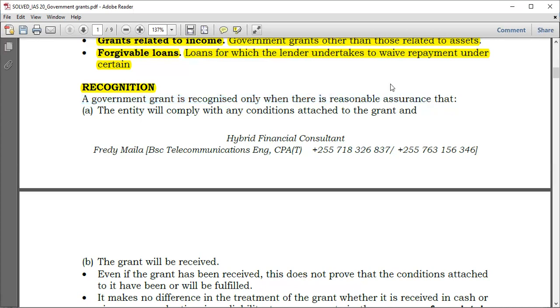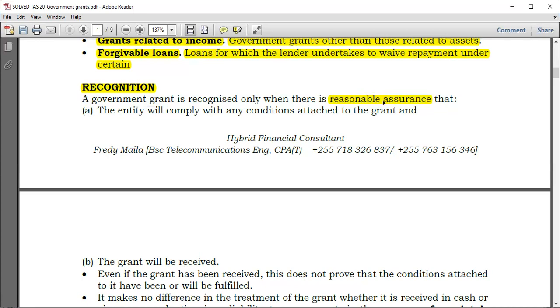We are speaking of reasonable assurance because, for example, I tell you, go and buy this item. It is worth $10 million, but I'll give you $3 million, given that you will stay with these employees for 5 years. How will I know that you will stay with them for 5 years? I won't be sure because the future is uncertain. There are a lot of things in the future. That's why we say only when there is reasonable assurance.